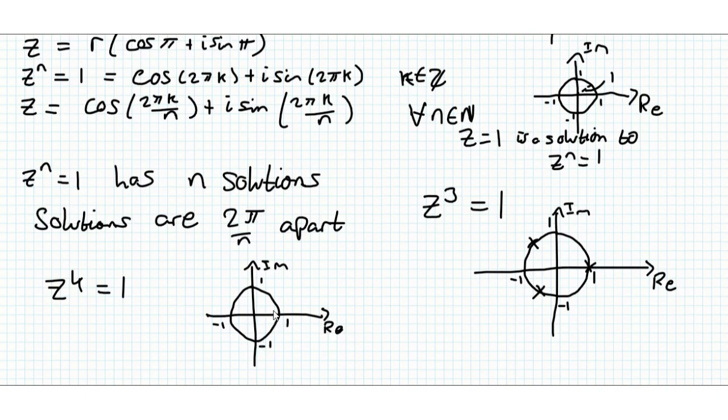I believe this ends our little subsection on complex numbers. You may be asked to solve equations of the form z to the n is equal to m, where m is just some real number, probably rational, and the way you do this is with a similar idea.